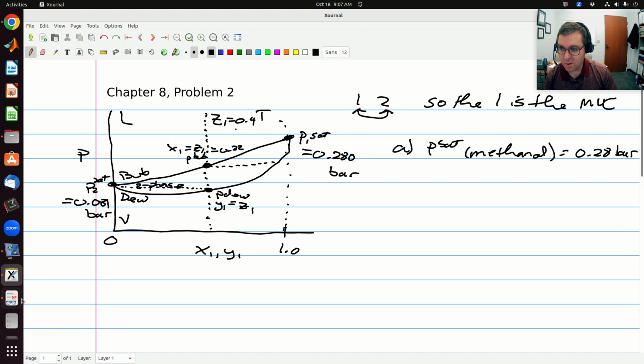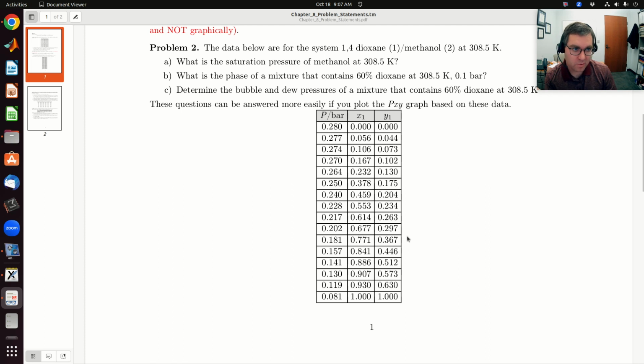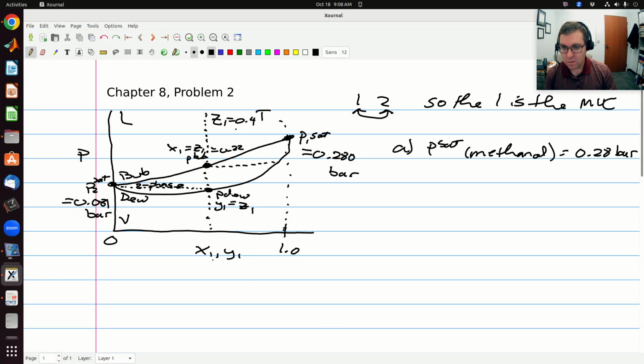Okay, and then for P dew, I'm looking for when y1 is 0.6, because 1 minus that is 0.4, and that's going to happen somewhere around here. And so that's between 0.13 and 0.119. Let's call it 0.12. Okay. So it's going to be about right here, which is 0.12.